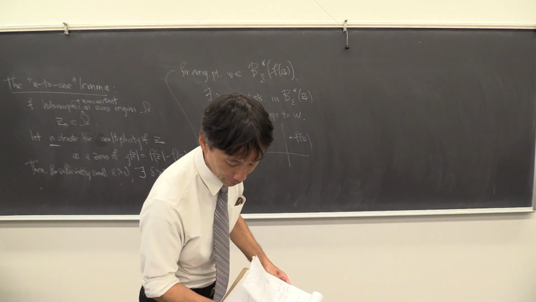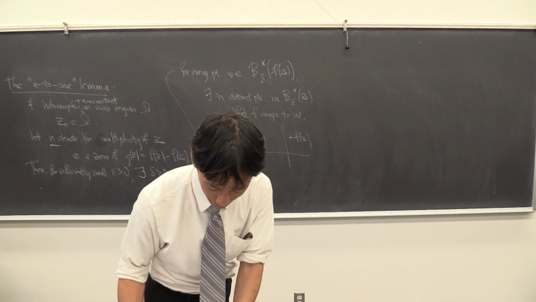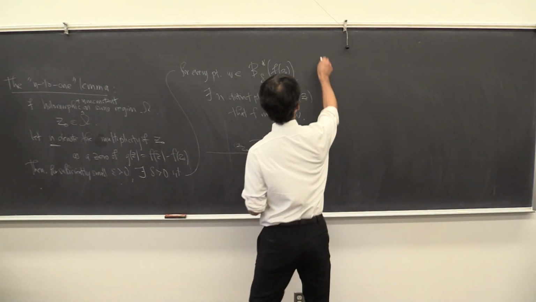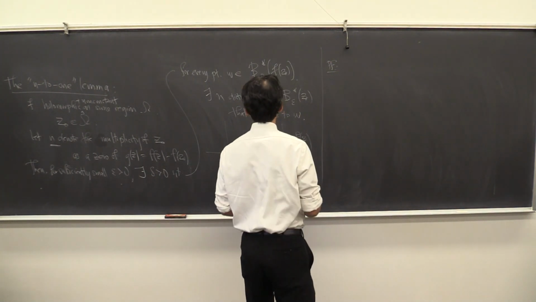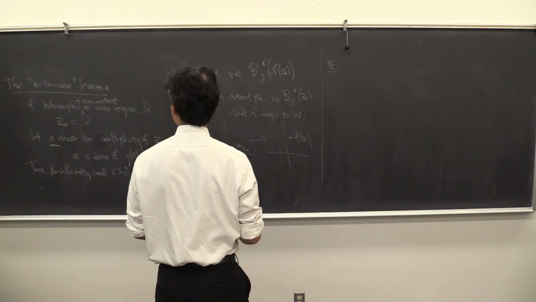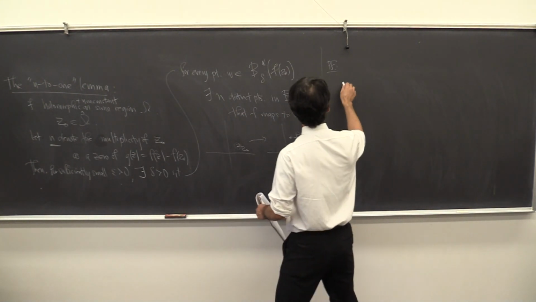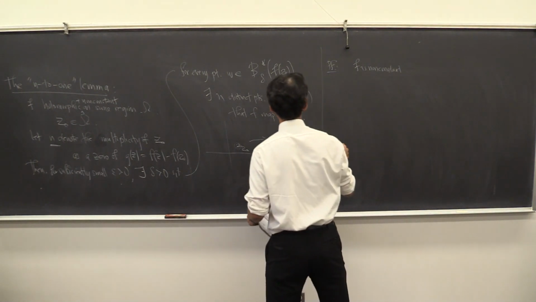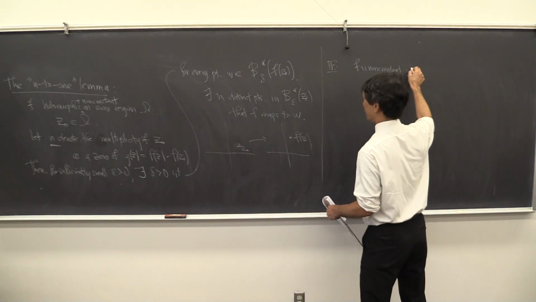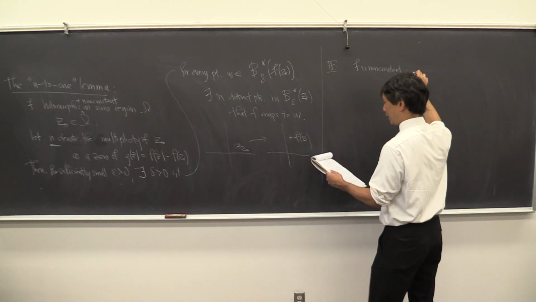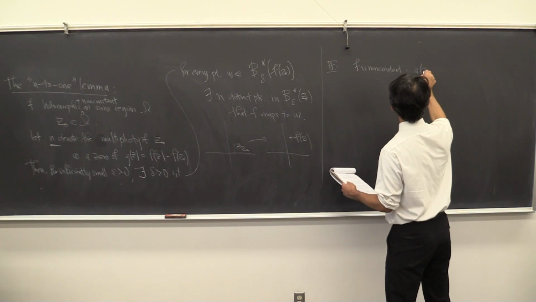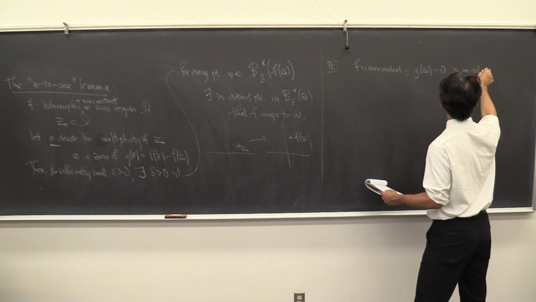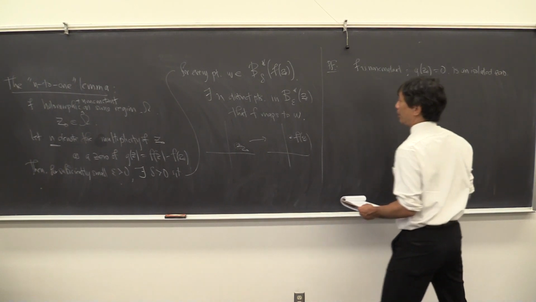So here's the proof. Look, f is non-constant, and g of z naught is 0, where g is f of z minus f of z naught. This has to be an isolated zero, because f is not constant.